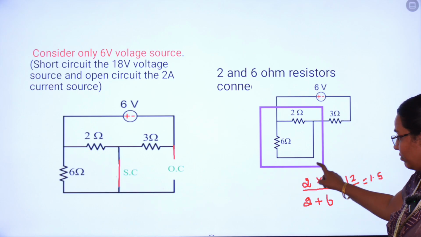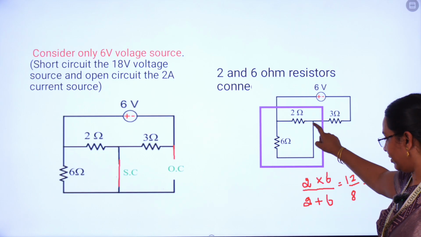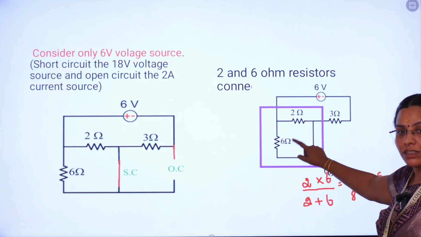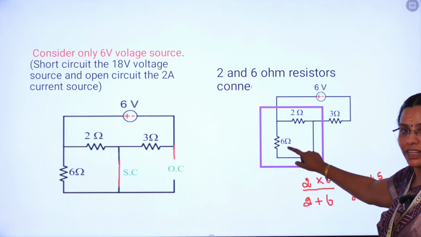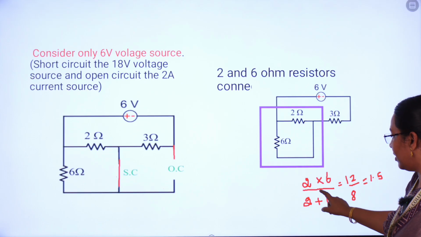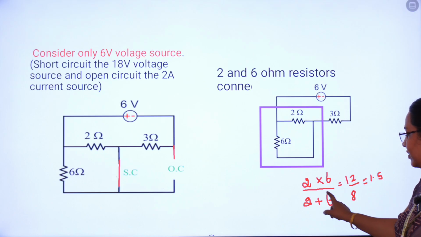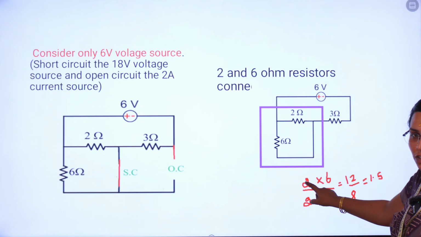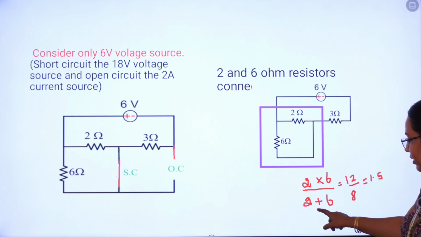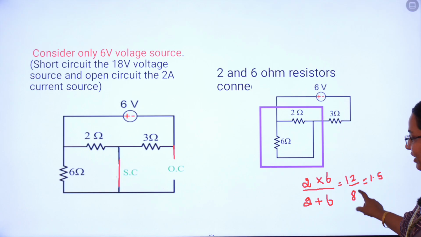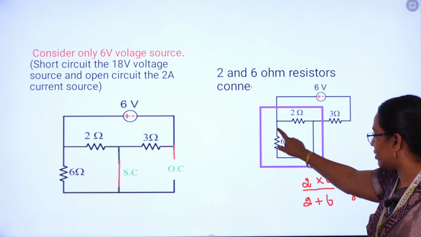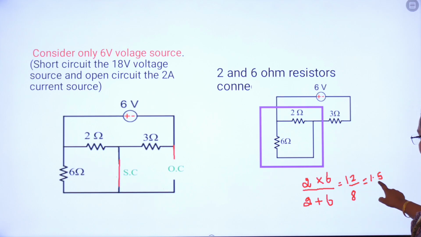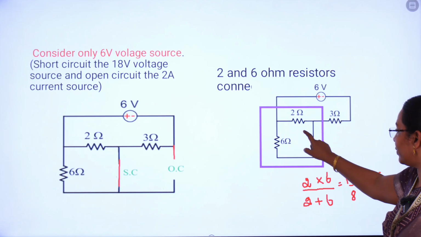According to the parallel formula, for 2 resistors in parallel, multiply the resistances and divide by the sum of the resistances. So we get 2 into 6 divided by 2 plus 6. 2 into 6 is 12, and 2 plus 6 is 8. We get 1.5. So these 2 resistors simplify to 1.5 ohm. That is the answer.